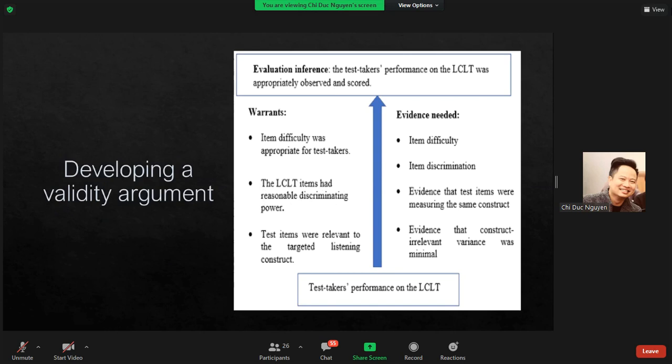Yeah, so we have the phrase discrimination power, or some people call it discriminating power, or discriminatory power.